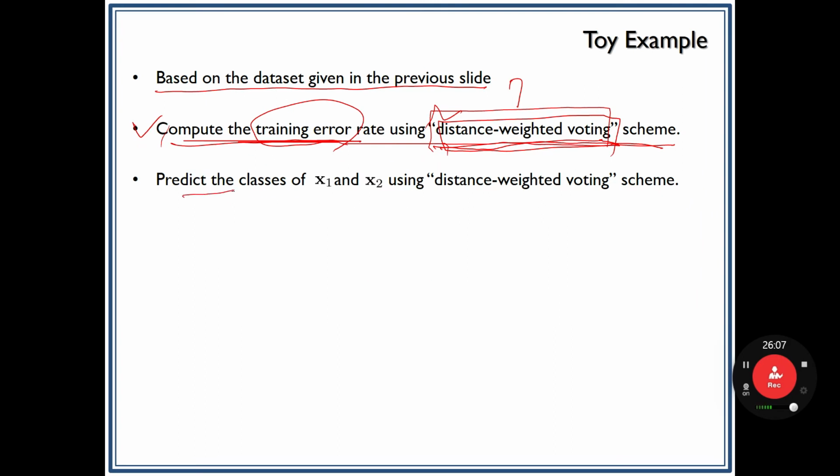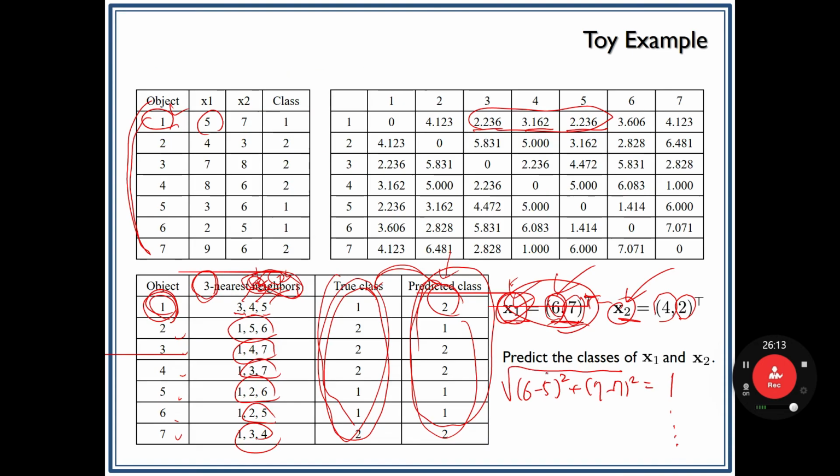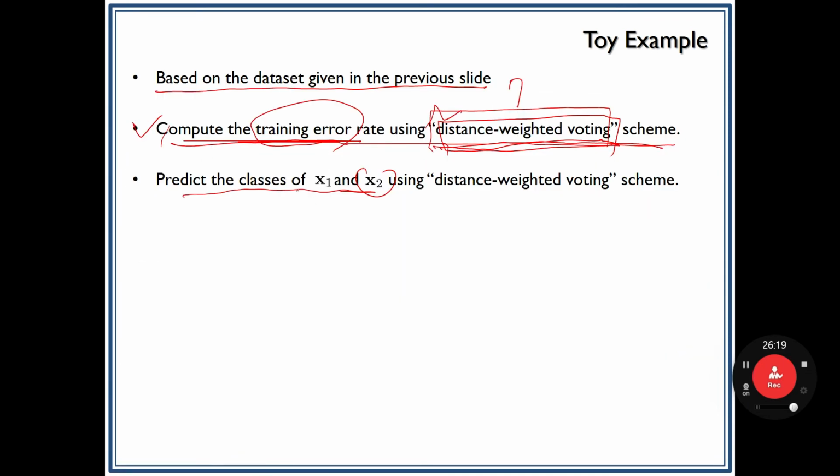And then predict the classes of x1 and x2. Here x1 and x2 are the new data points shown here. So predict the classes of x1 and x2 using the distance weighted voting scheme as well. Please do this by yourself, because it's pretty easy, so I really don't have to show that.